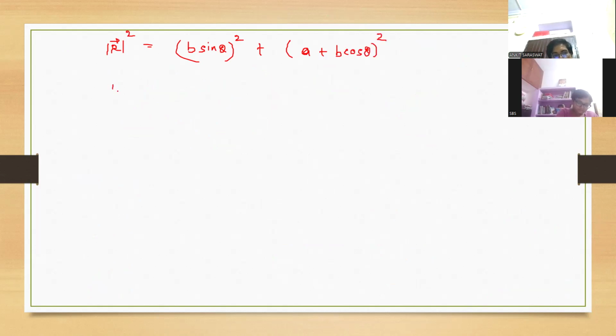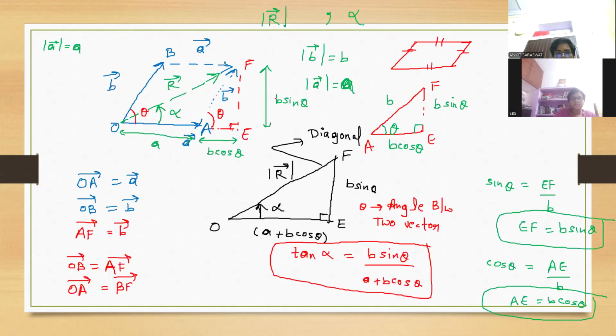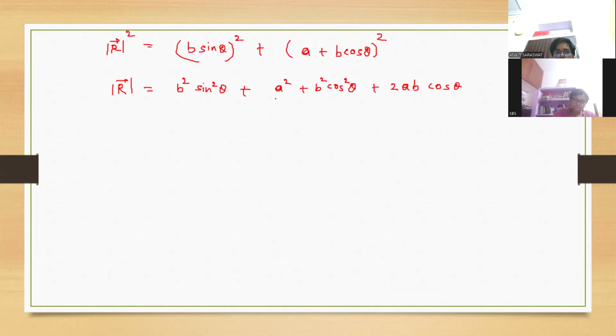So if you look carefully, mod R square will be B square sin square theta plus A square plus B square cos square theta plus 2AB cos theta.